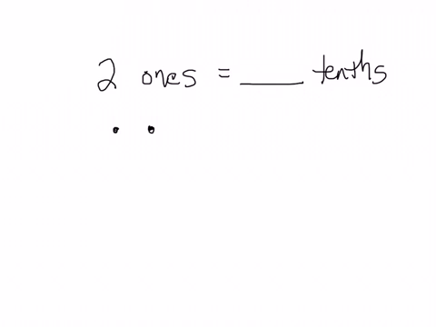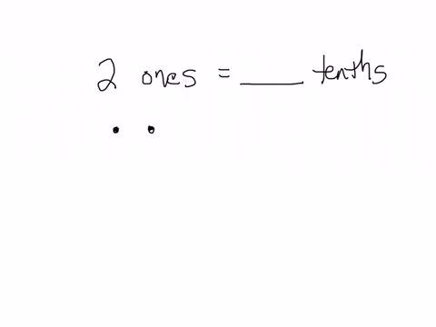So then, same thing, I've got 2 ones, and I want to know how many tenths. I'm going to stick with the whole number base pieces. This is just for explanation purposes. As you have seen, we change the meaning of base pieces depending on what we're working with, but I just want to stay standard here.